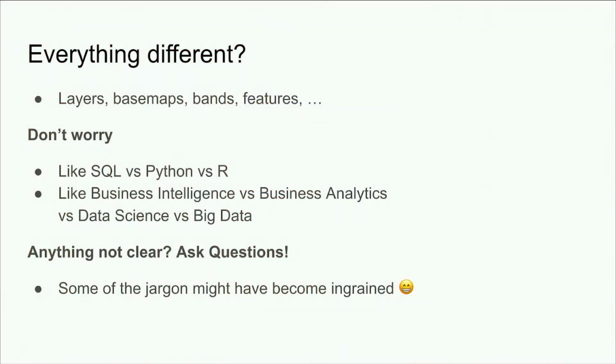Once you start learning about GIS, reading GIS papers and learning their tools, it initially looks like everything is completely different. They're talking about strange words like layers, base maps, bands, features, and I didn't understand what even those mean. But don't worry. Those are like SQL world versus Python world and R world. They look different, they use different tools, but we all process the same data.